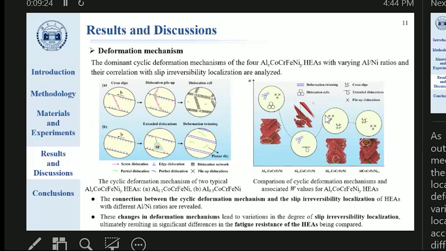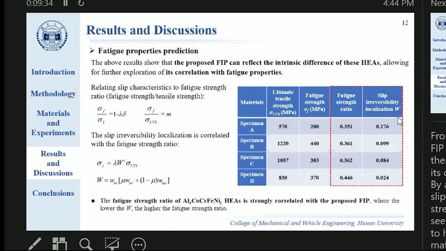These changes affect the damage accumulation rate and lead to differences in the fatigue resistance of these HEAs. From the results above, our proposed FIP reflects the intrinsic difference of these HEAs, so we can further explore its relationship with fatigue properties.